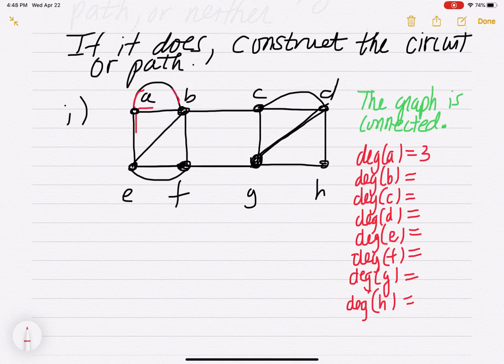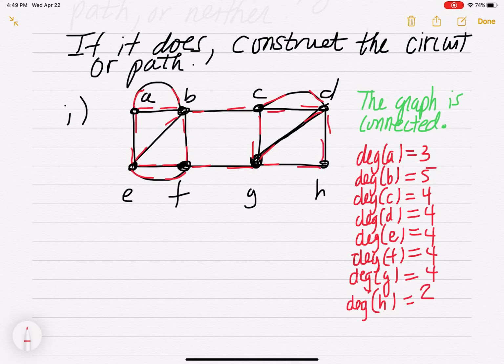B has degree 5. C has degree 4. D has degree 4. E has degree 4. F has degree 4. G has degree 4, and H has degree 2.